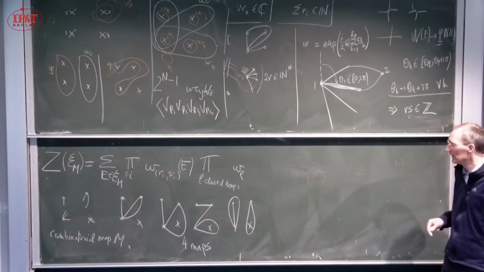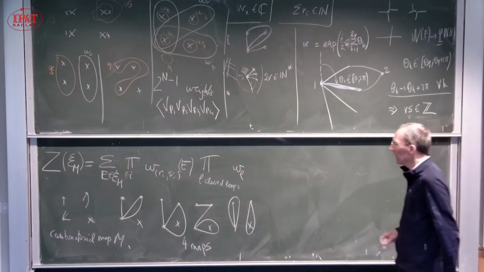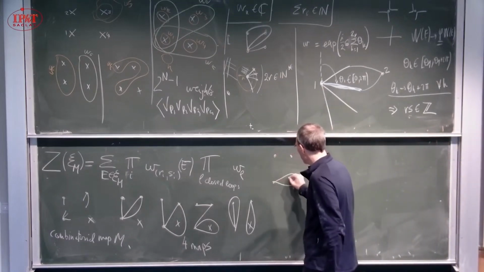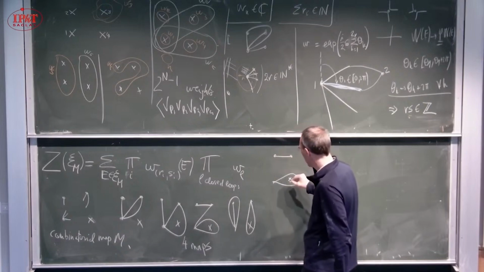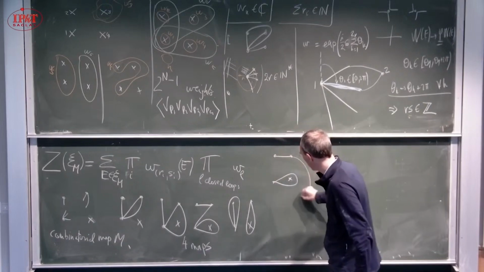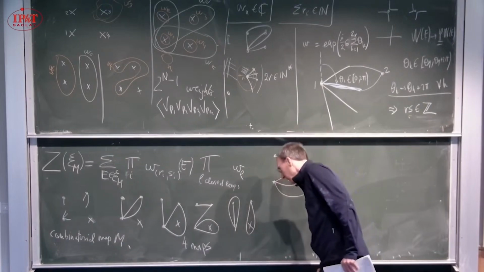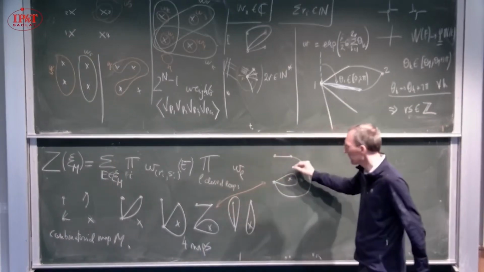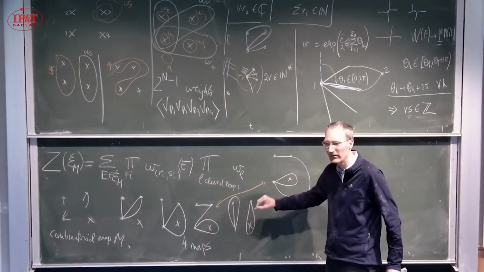Let me point out that these maps are really combinatorial, so they are not topological. For example, here I could draw this one, but these two are in fact the same, because the same vertices are related in the same way.